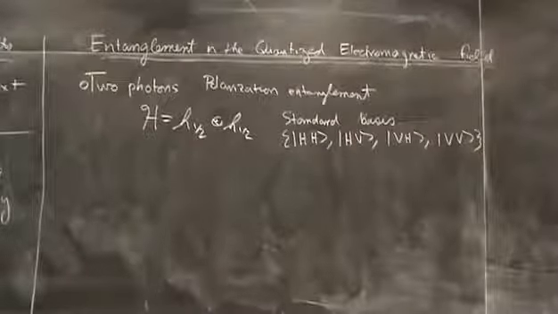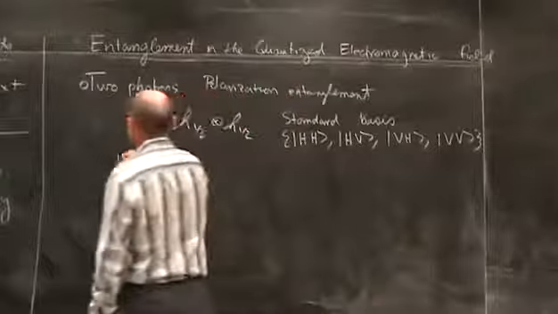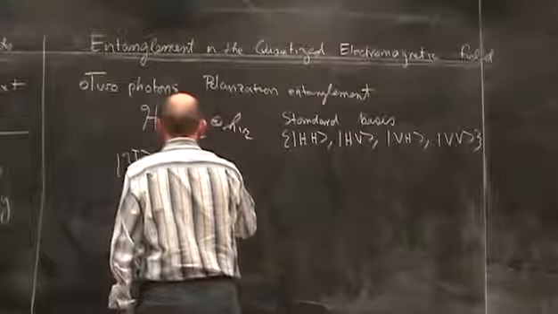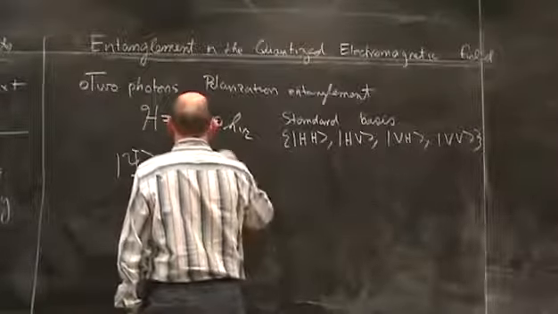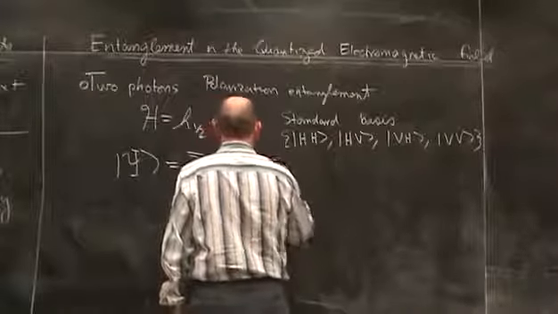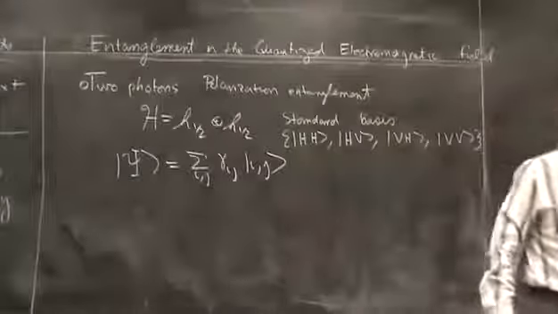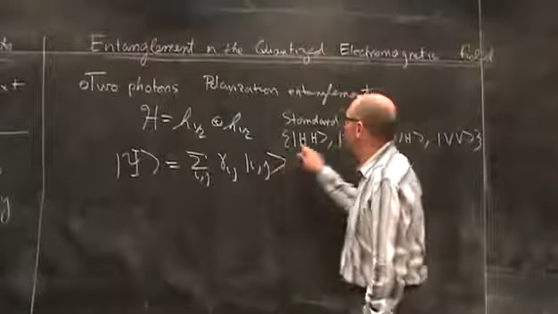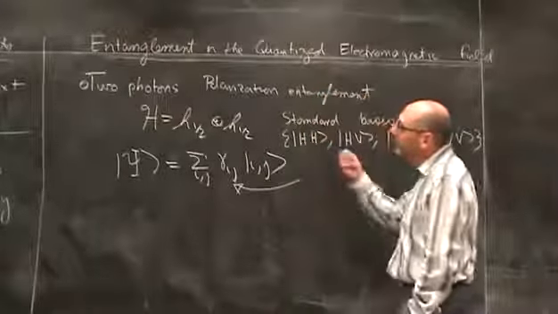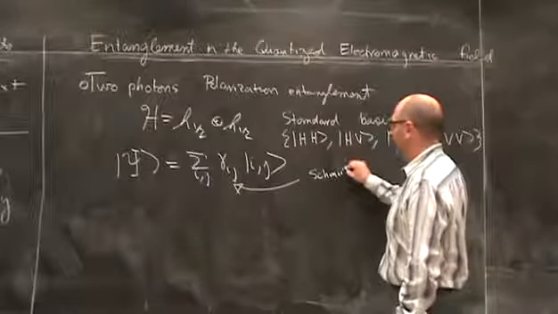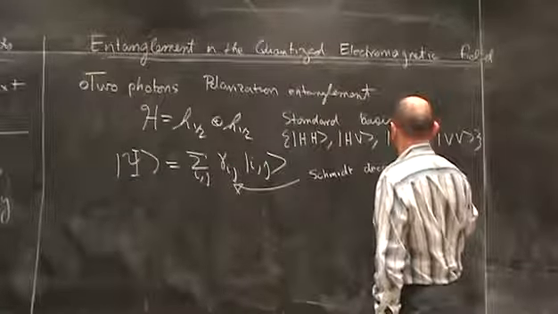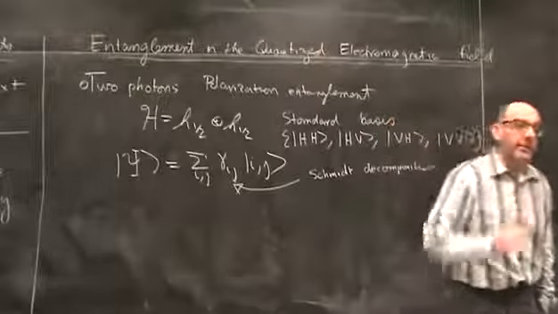And we would write a general state of these two photons in terms of some kind of arbitrary decomposition of this sort, where these now are representing the indices, whether it be H or V. And as we have discussed in recent lectures, the degree of entanglement is related to the Schmidt decomposition. So that's a pretty straightforward thing to think about, right?